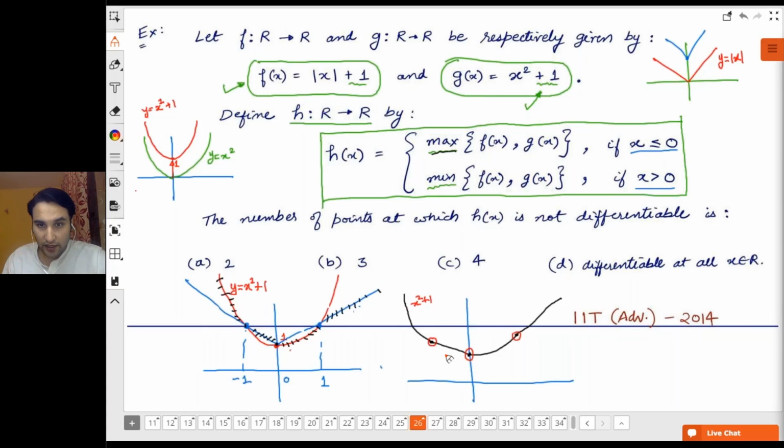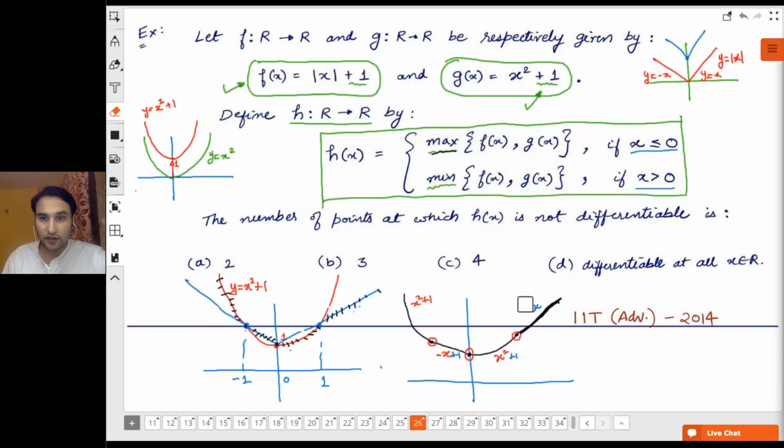This is minus x, right? Because y equal to mod x is y equal to x and y equal to minus x. This portion of the graph is minus x. This is x square and this portion is a straight line. Yes, straight line. This is y equal to x. Sorry, everywhere it is plus 1. Everywhere there is a plus 1.